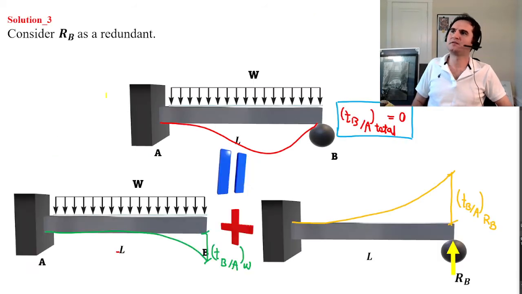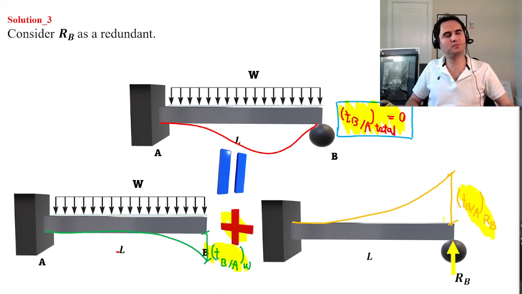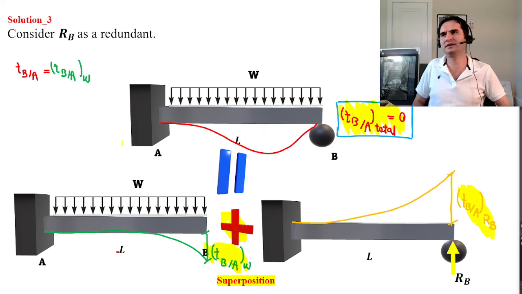Again, in this case, TB over A total is the summation of these two. We have calculated both of them separately. Now we add them up together. So total TB over A is the first part plus the second part.